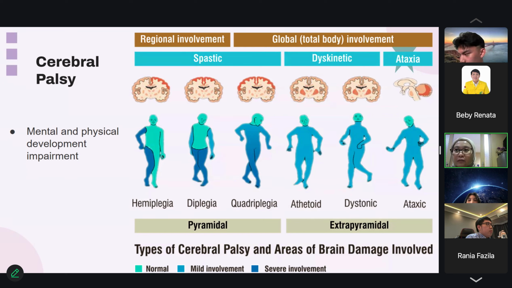Or maybe they had a head injury from a fall or child abuse in the first few months or years of life. The signs of cerebral palsy are lack of muscle coordination, muscle tone that is too stiff or too flexible, or sometimes a spastic condition.